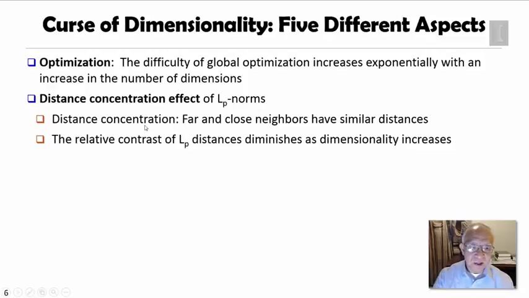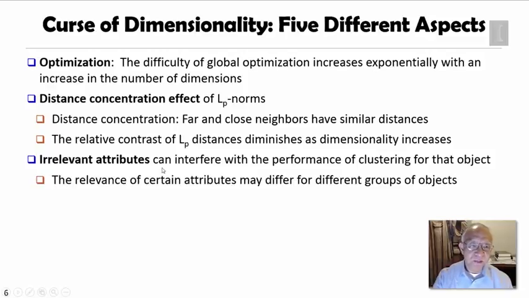But the distance concentration problem means far and close neighbors may have similar distances, just because when the dimension is very high, their difference is probably just on whether you have data in these dimensions, or we have different dimensions, we have different measures. So their relative contrast of LP distances could diminish when the dimension increases. That's the distance concentration problem.